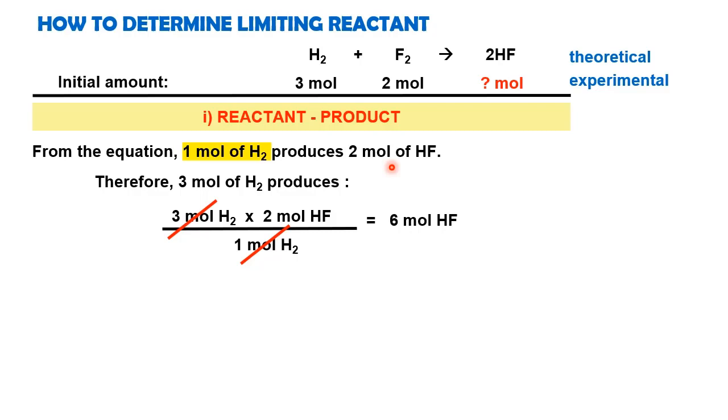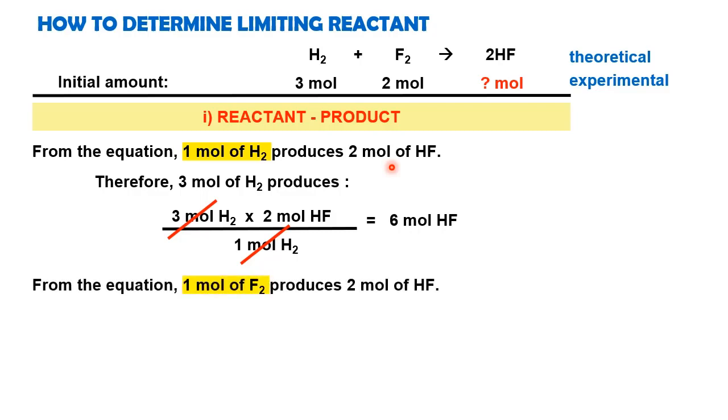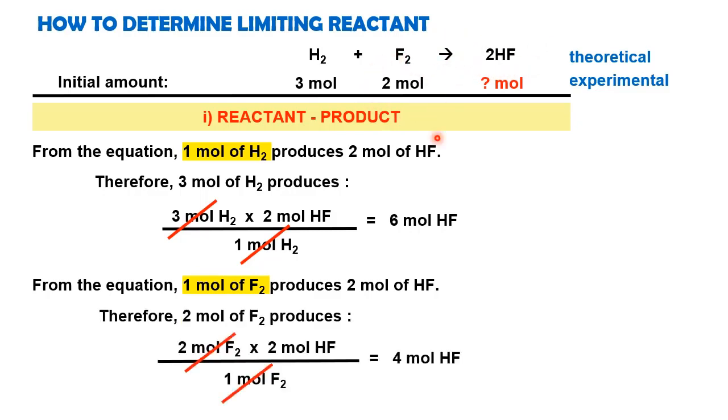For the second equation, we have 1 mole of F2 produces 2 moles of HF. Given here, 2 moles of F2 produces 4 moles of HF, once we've done the cross multiplication. This method requires you to look for the smallest mole of product formed to be eligible to become the limiting reactant.